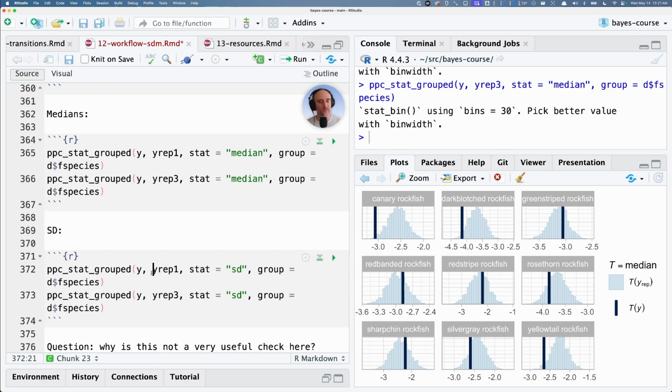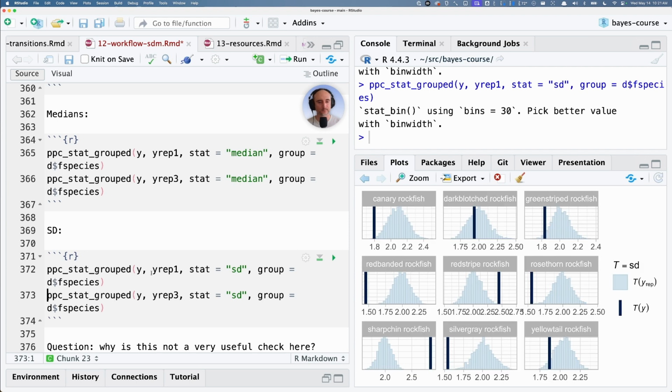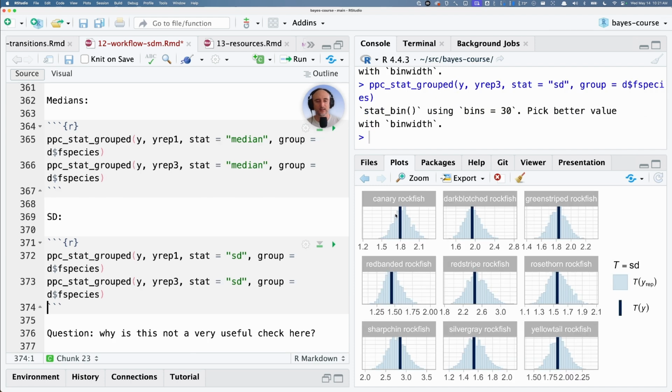We could look at the standard deviation. So obviously there's a problem here in our first model. And then here, think for a sec, this isn't very useful. We talked about how some posterior predictive simulation checks are more useful than others.